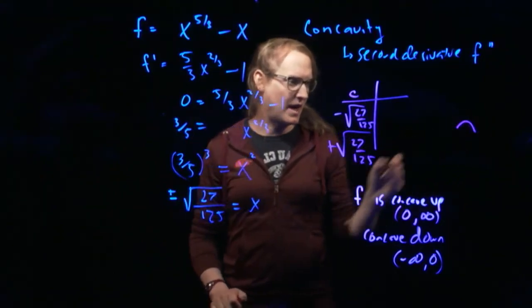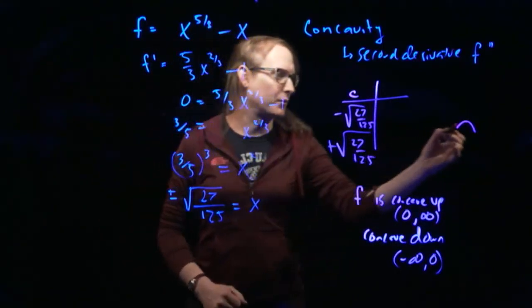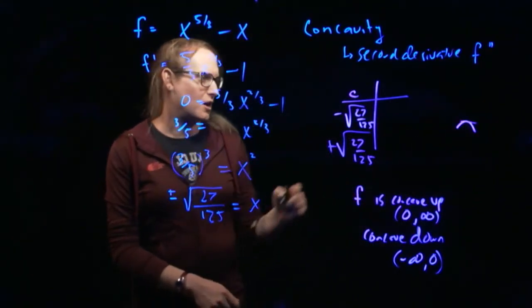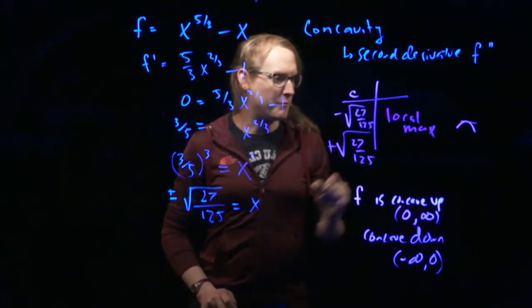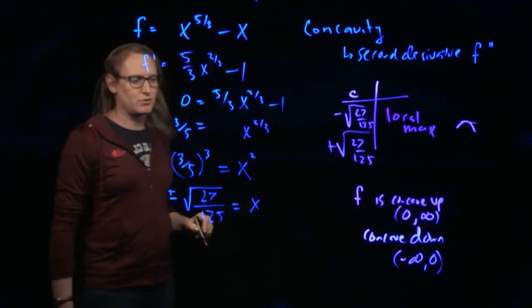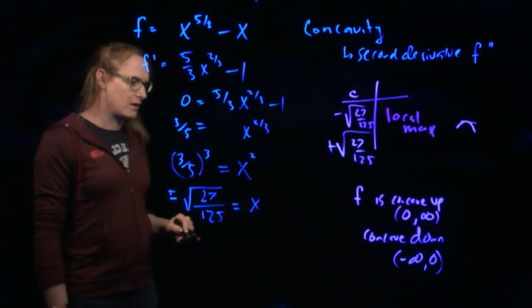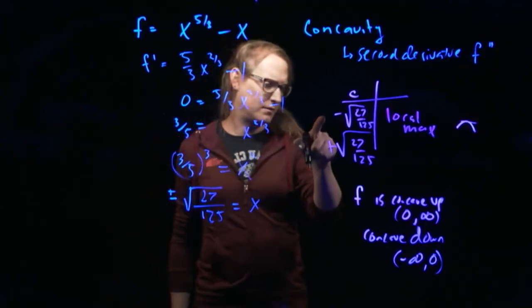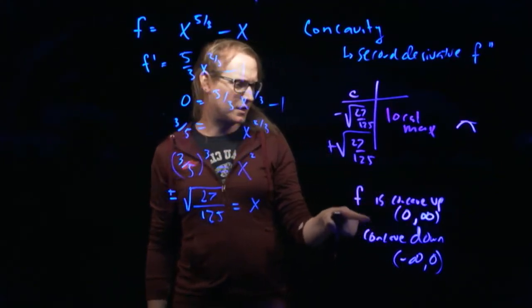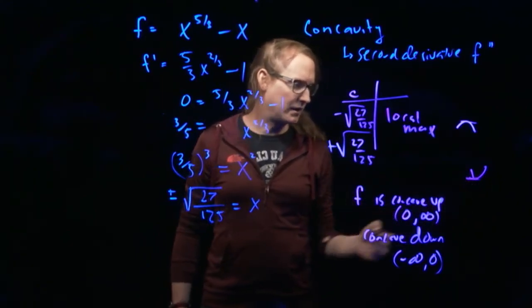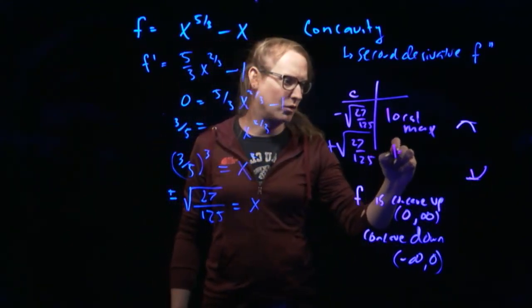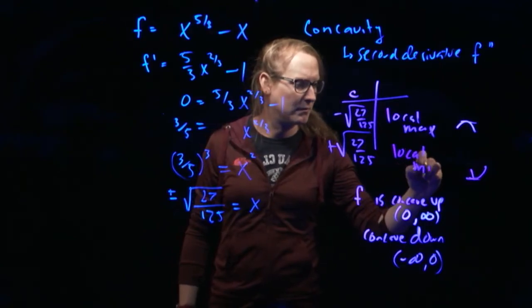Concave down looks like that. We've got a critical point where the derivative is 0, so that means that we've got ourselves a local max. And then for this one right here, it's going to be concave up, which looks something like that. So this one is a local minimum.